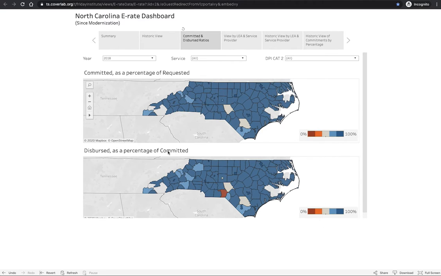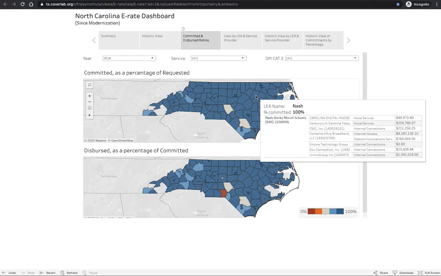The dispersed as a percentage of committed is... hey, we can go over here. Here's Nash County, just randomly. This is 2018 again. Here are the different vendors and the services for which they were provided E-rate funding, and you can see there are quite a few.